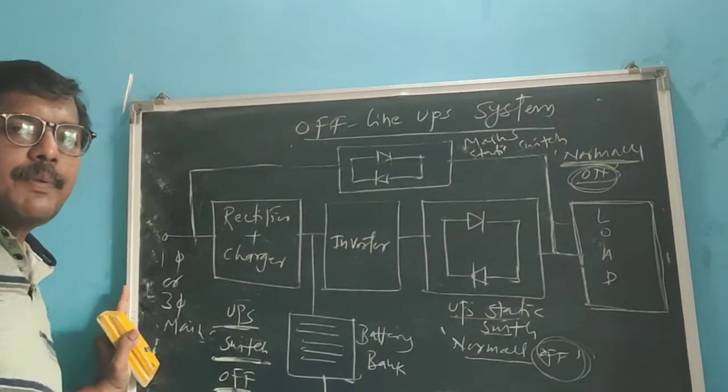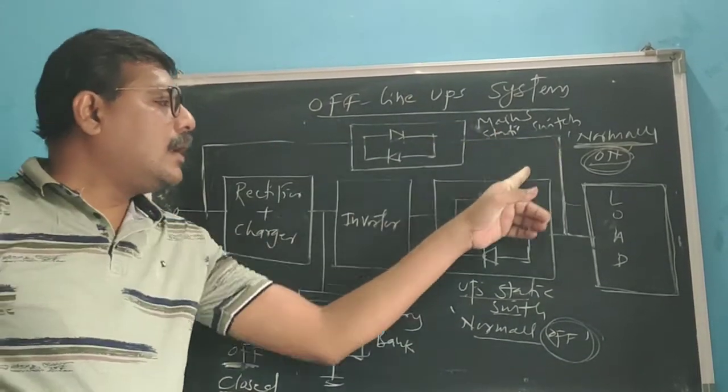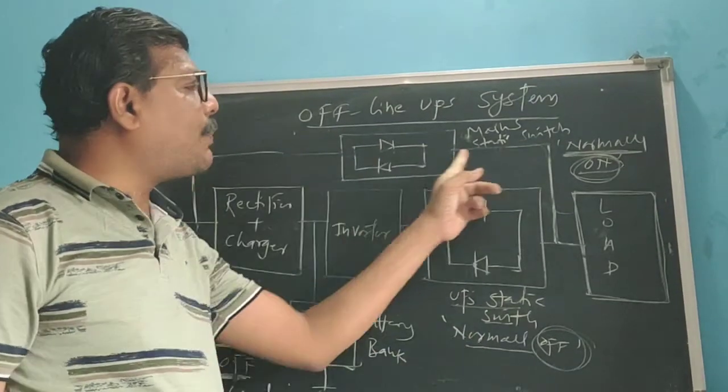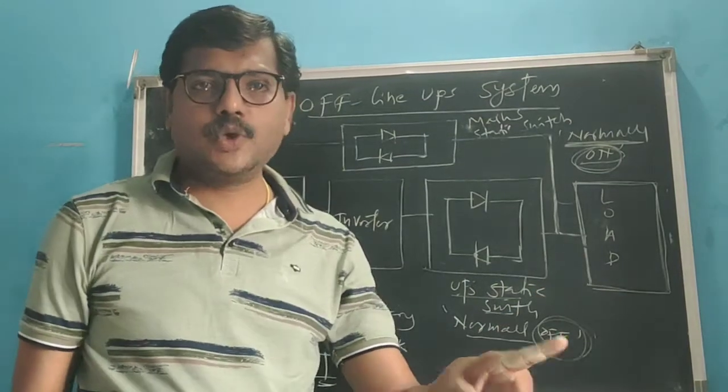So we can say that when the AC is present, the UPS static switch should be off, and when the AC main supply is not present, the UPS static switch should be on.